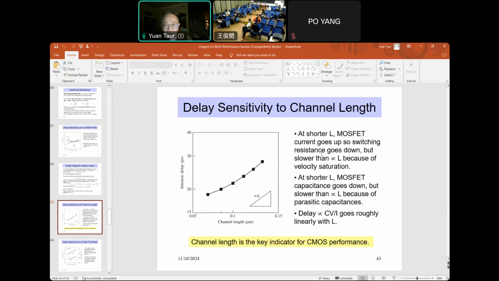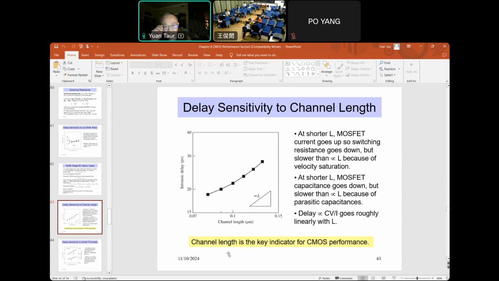So the current factor, the R switch and the capacitance, they do not go linear with L, but the product is roughly linear with L. You can see that this part and L is about the same slope. Okay. So that's why the bottom conclusion here is the channel length is the key indicator for CMOS performance.